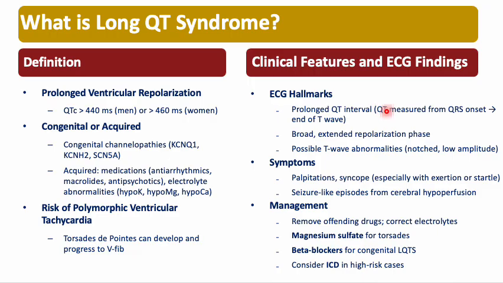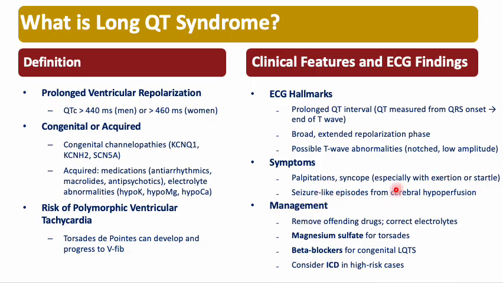So the ECG findings: you have a prolonged QT interval, broad extended repolarization phase, and possible T-wave abnormalities. They may be notched or low amplitude. Symptoms include palpitations, syncope, especially with exertion or if they're startled.